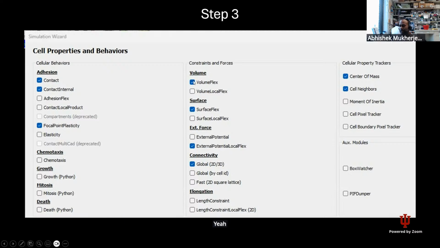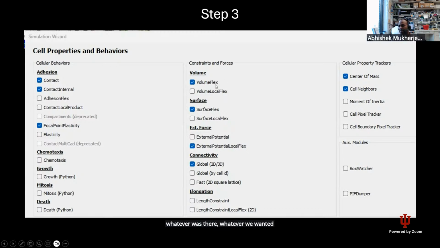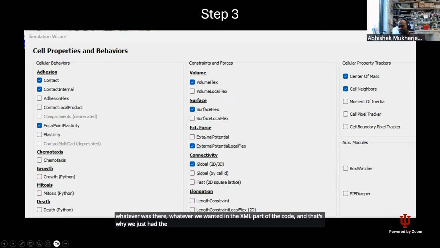Yeah, and then we had volume and surface constraints. We did not want to modulate or regulate those in the Python part of the code, and we just wanted to fix whatever we wanted in the XML part of the code, and that's why we just had the volume flex and surface flex plugin selected.